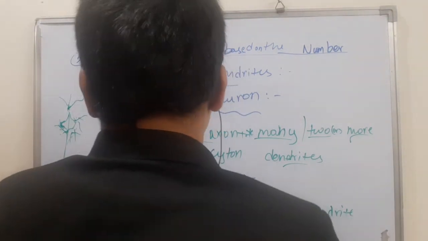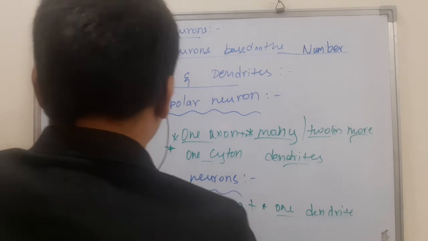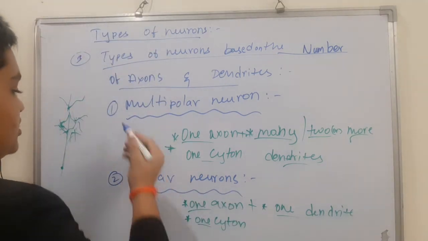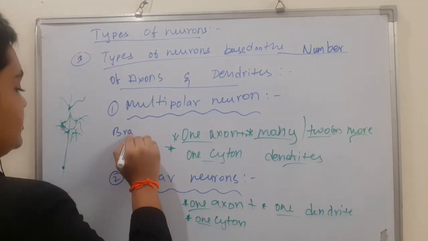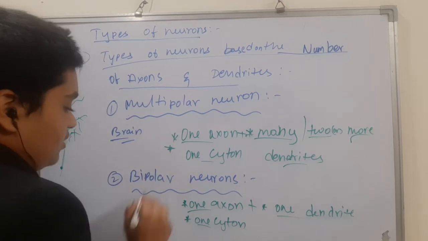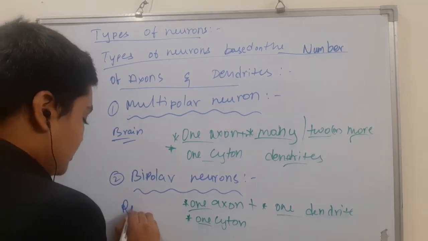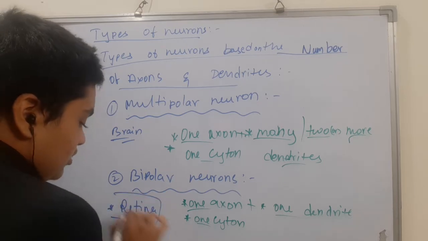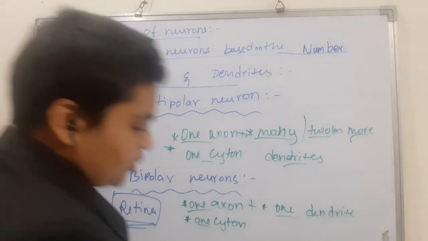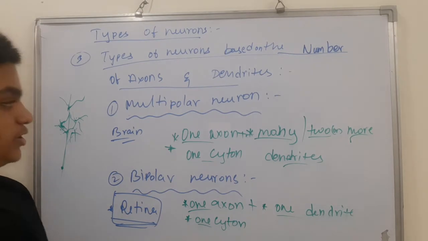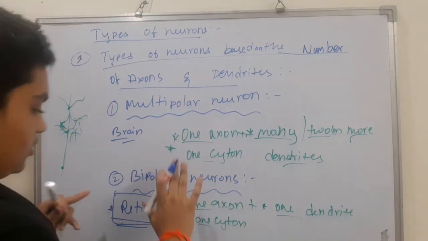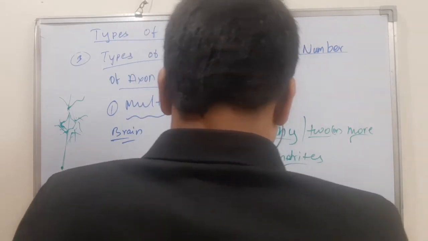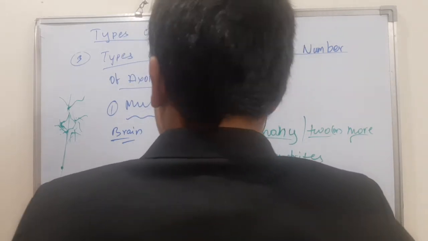Now let us see the locations of these. These multipolar neurons are generally present in our brain. You can write generally present everywhere. But these bipolar neurons are present in the retina of the eye. Remember this, important. The locations of bipolar and unipolar neurons are important. So multipolar, bipolar and unipolar, I am writing here using the green marker.